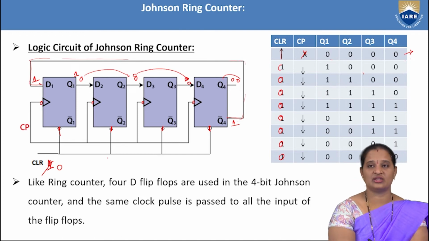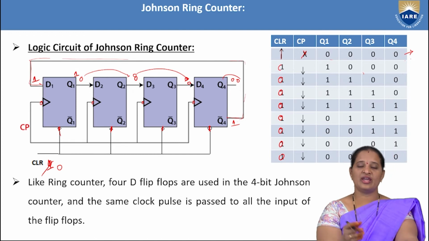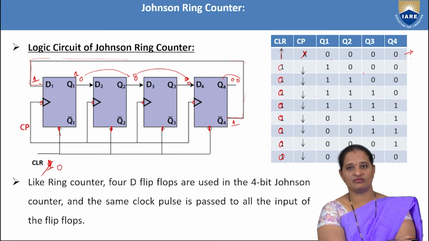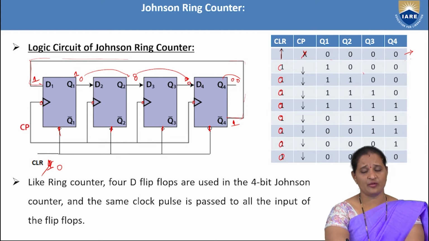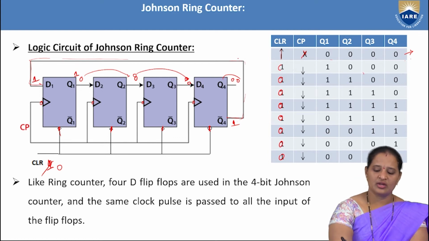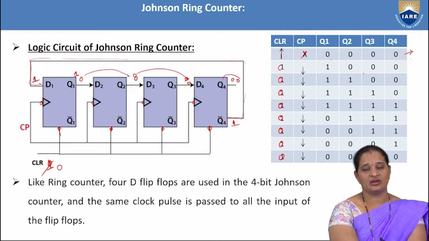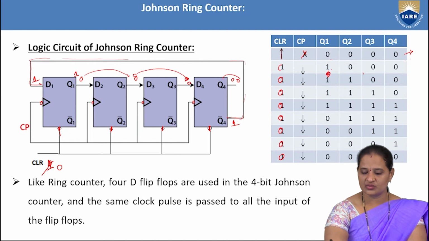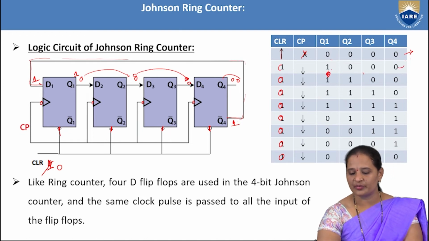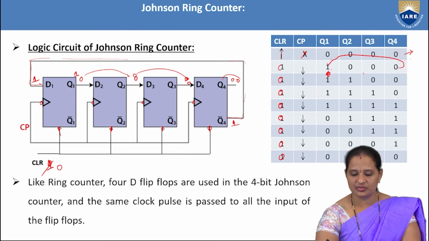Now during the next clock pulse, that means during the next negative edge of the clock, again we have 1 here because the output of the last flip-flop is 0, so its complement 1 is pushed to the first flip-flop, and the existing values are pushed along.